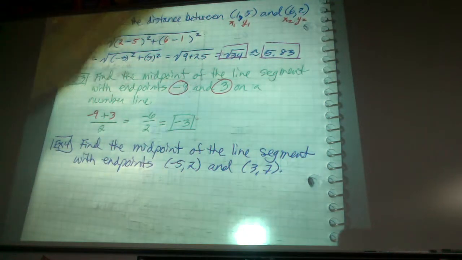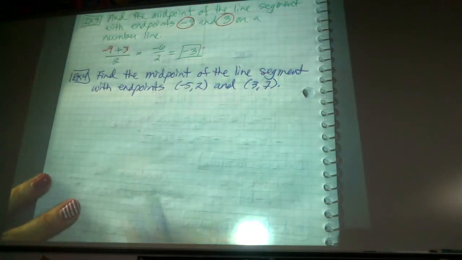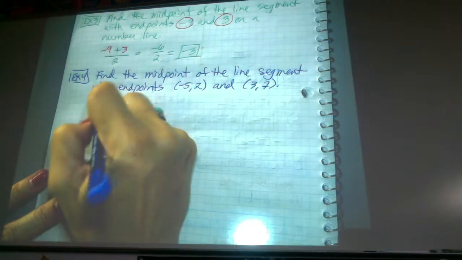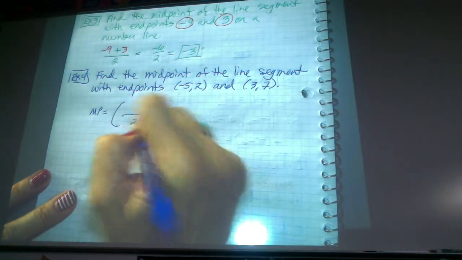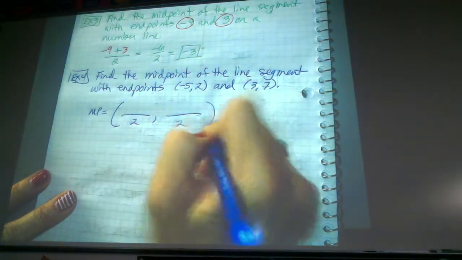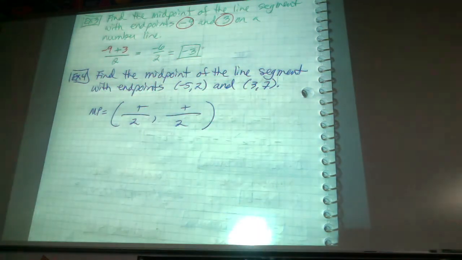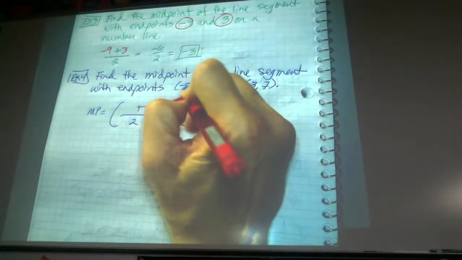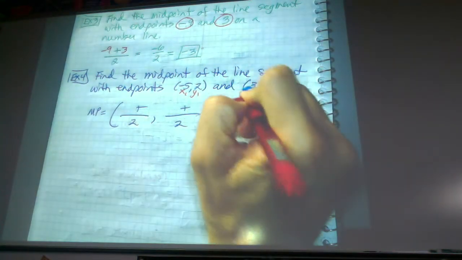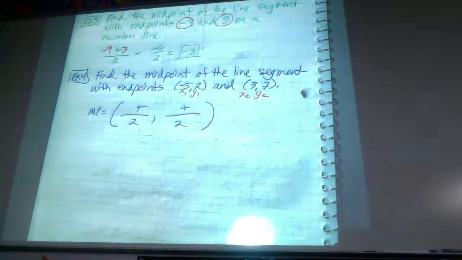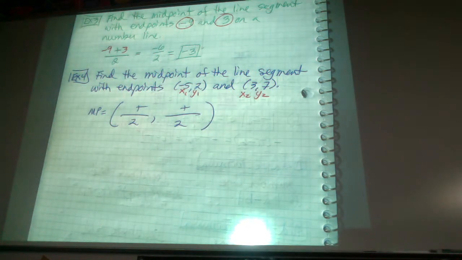So again, I would emphasize that you use the template. And I would emphasize that you label these as x1, y1, x2, y2. And force yourself to think which ones are the x's, which ones are the y's.